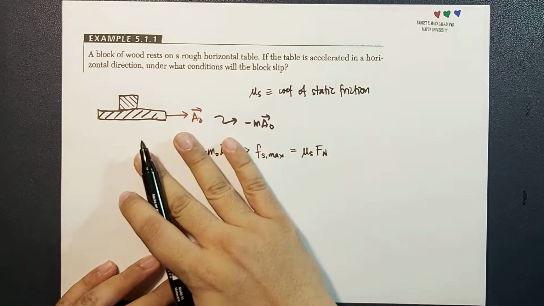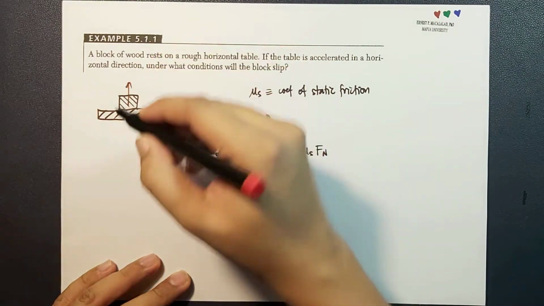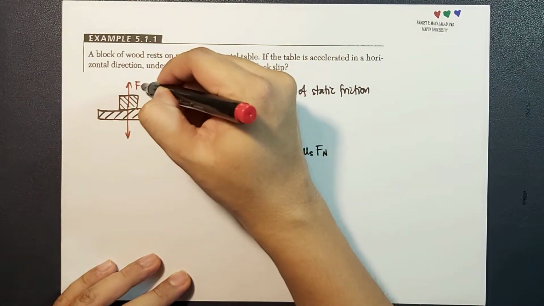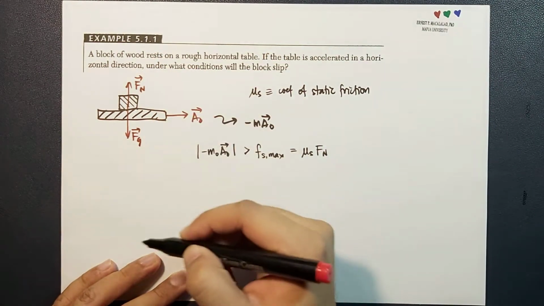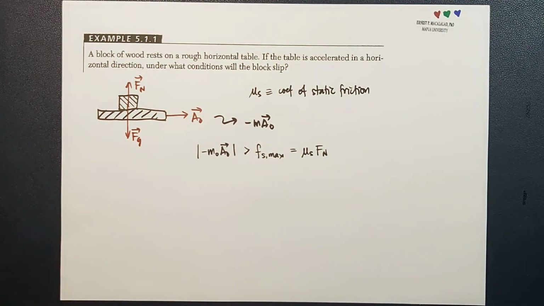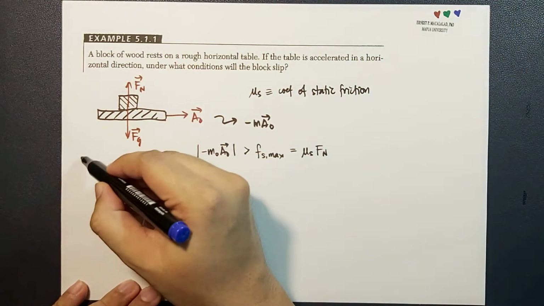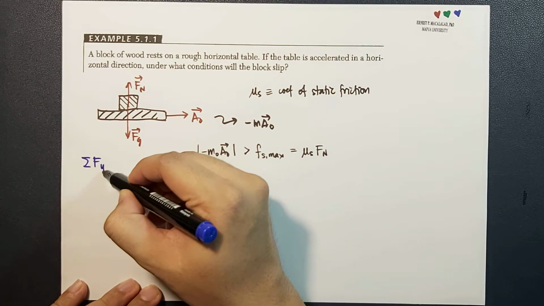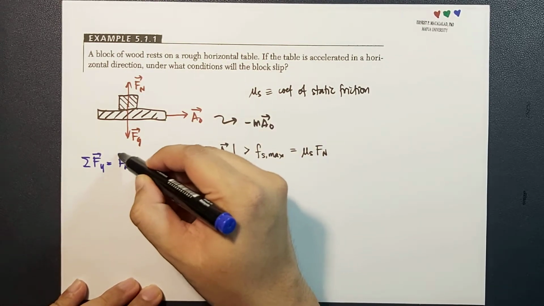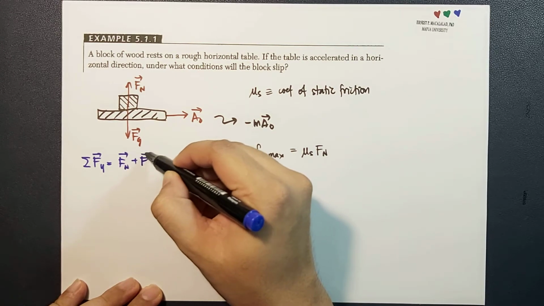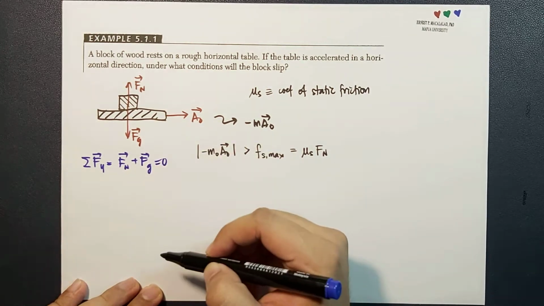At rest, the forces acting on the block will be as follows: the normal force and the gravitational force. Along the vertical, the sum of forces along y will be equal to Fn plus Fg, and this is equal to 0.